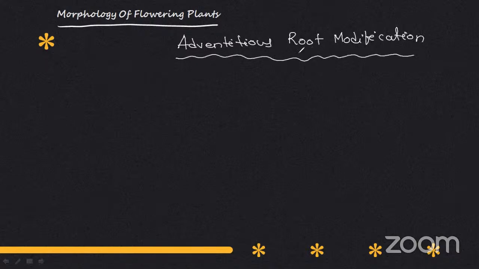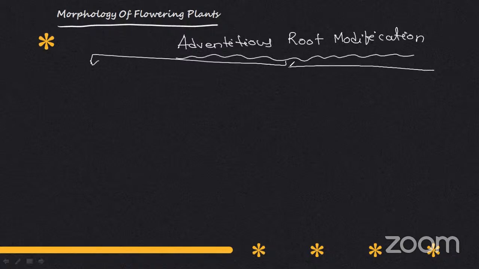What is adventitious root modification? If the adventitious root is modified for the storage of food, or for mechanical support, or for sucking nutrition from the plant, so I am dividing this adventitious root into different groups.